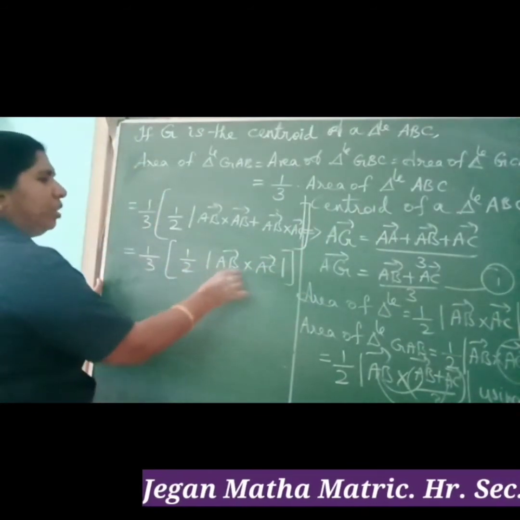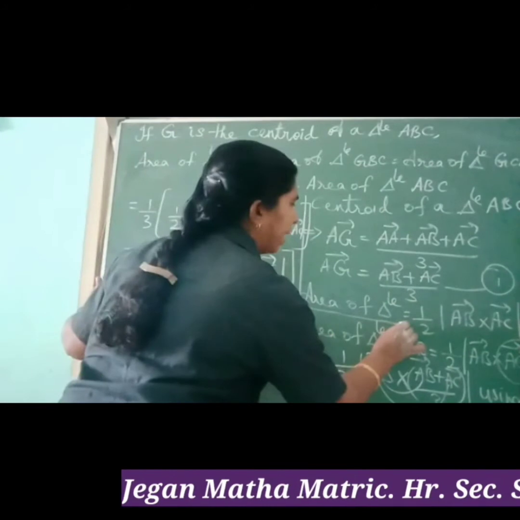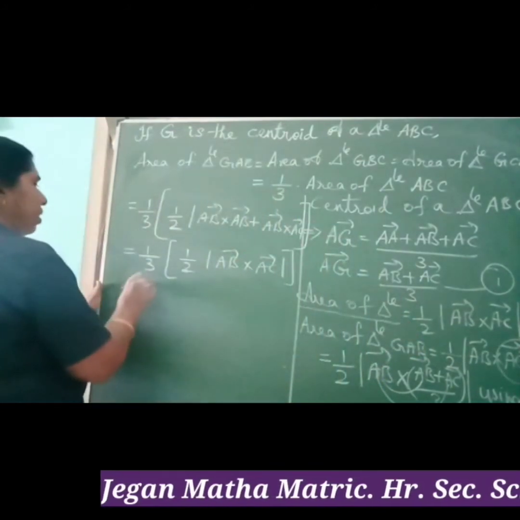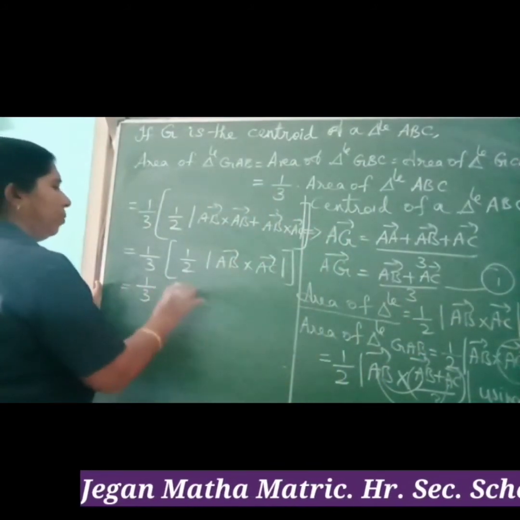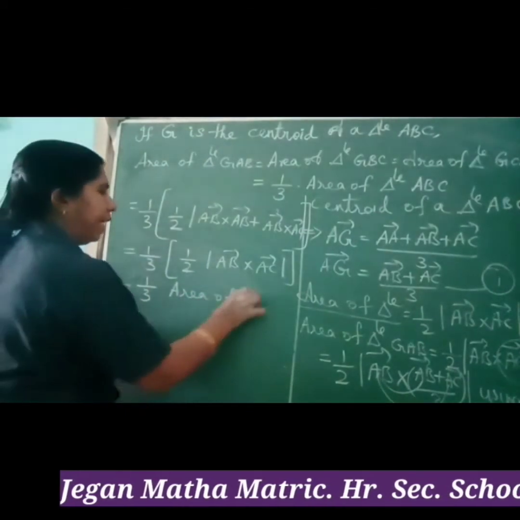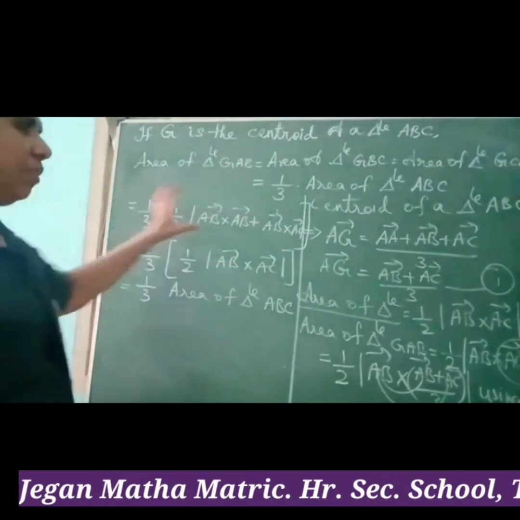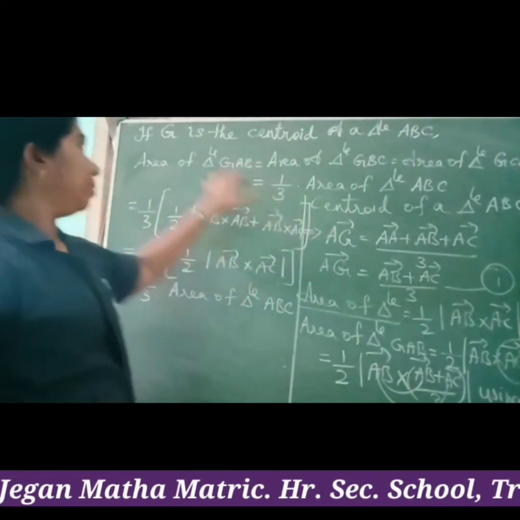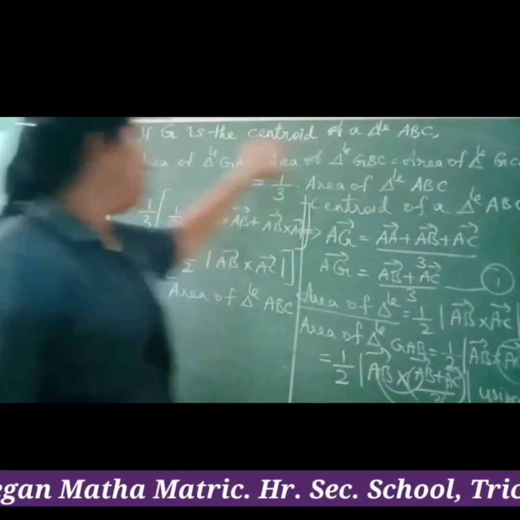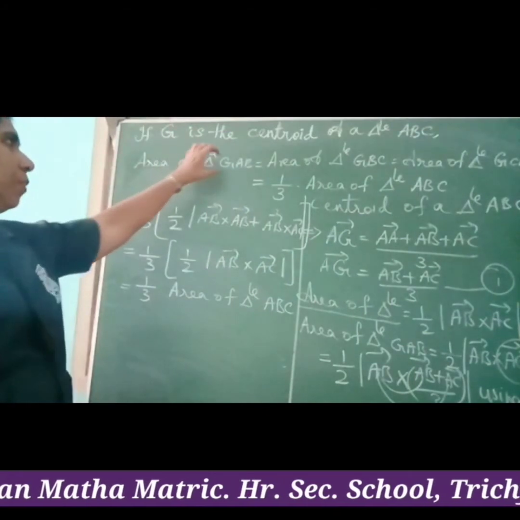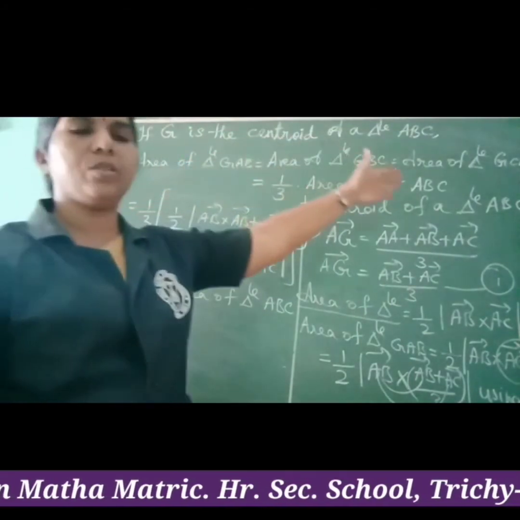What is 1 by 2 into AB cross AC? That is area of triangle ABC. That is 1 by 3 into area of triangle ABC. So now we proved only one part. The question has 3 parts. The same way we proved for GAB, the other two triangles also you can prove.